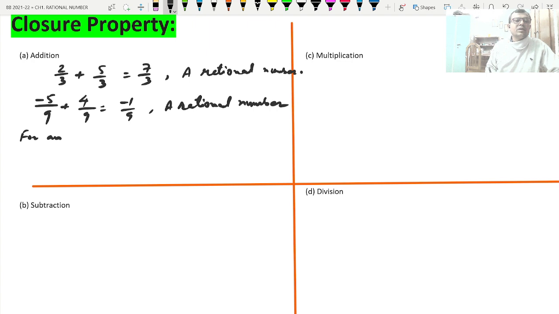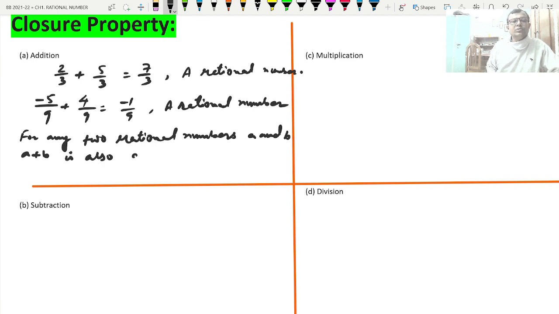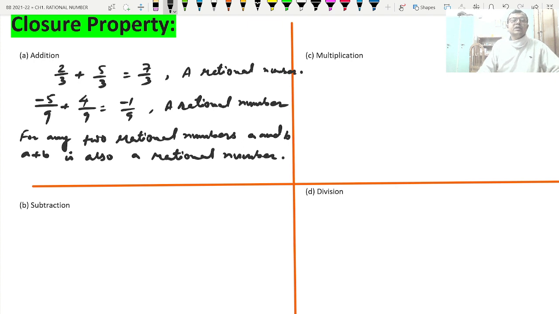So for any two rational numbers A and B, A plus B is also a rational number. So if you take any two rational numbers and add them, the answer will also be a rational number.